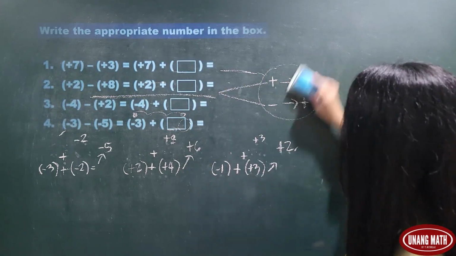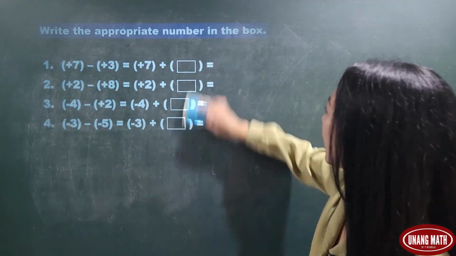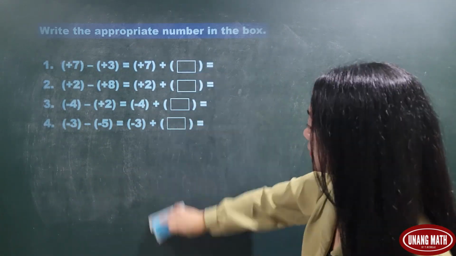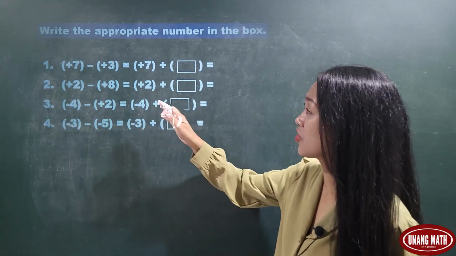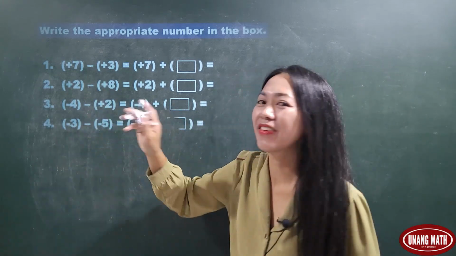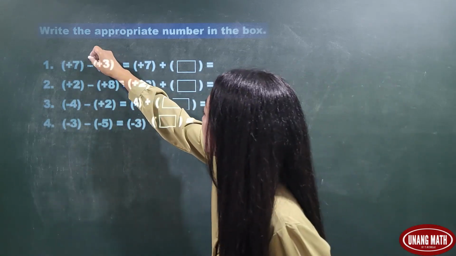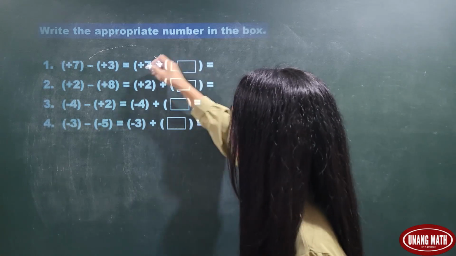This time, let's answer this simple activity. We're going to write the appropriate number in the box. Again, in subtraction of signed numbers, we will not actually subtract the given numbers. Since we're going to move, that means the minus sign becomes a plus sign.